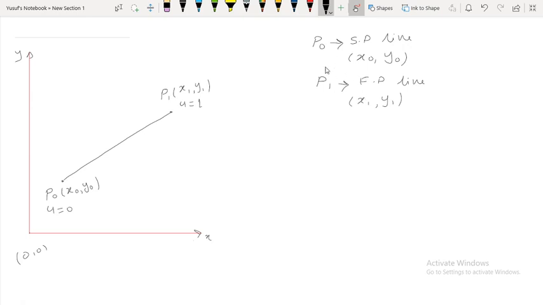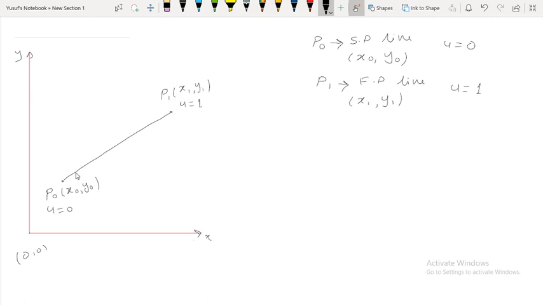So these are the start point and end point, and one parameter is there which is going to vary from 0 to 1. Here the parameter value is 0, here the parameter value is 1. The parameter is varying from 0 to 1. So at the start point, if the parameter is 0, the value will be x0 and y0. If the parameter is 1, then the value will be x1, y1.